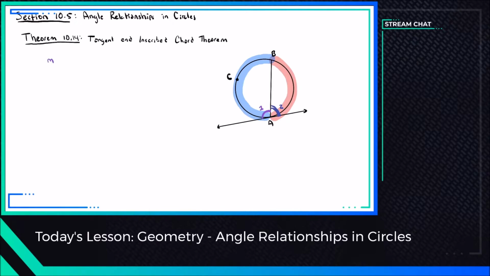So we're going to start with angle 1. The measure of angle 1 is going to be equal to 1/2 the measure of arc ACB.